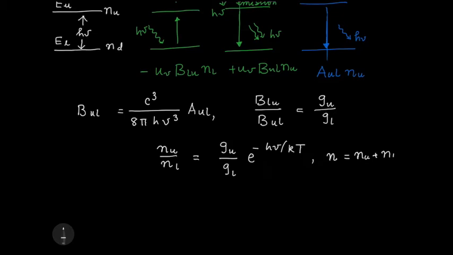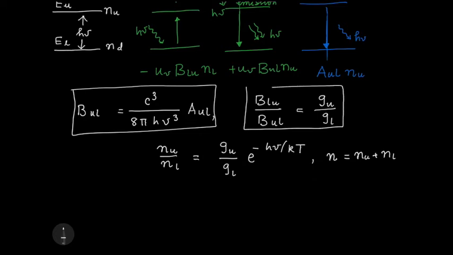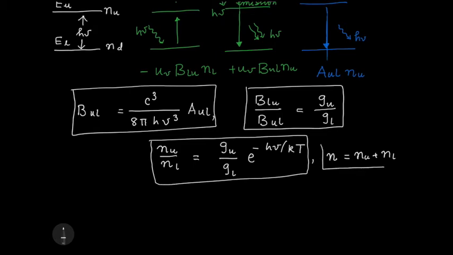And obviously, the total number density of the atoms can be arrived at by adding up the number densities in either level. So these are the four important things that we looked at last time and will be of use today.